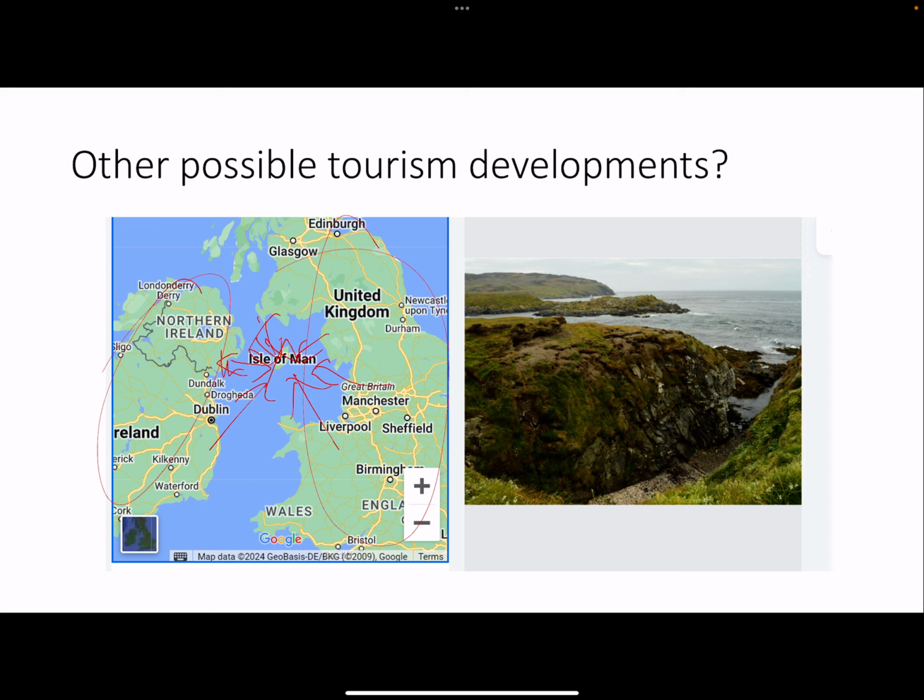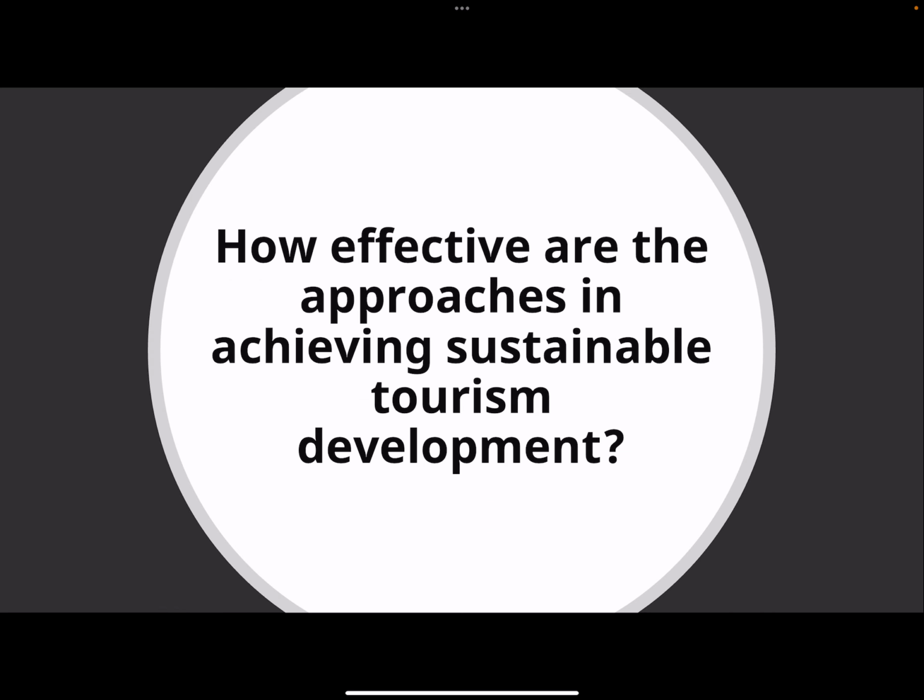But what do you have to attract if you're not talking about the Isle of Man TT? So this is the general landscape that they have. They have a karst landscape, karst limestone landscape, which is interesting and which can be developed. But are they willing to do this? Are the government and the other four stakeholders, all five stakeholders, willing to pivot to this new development?